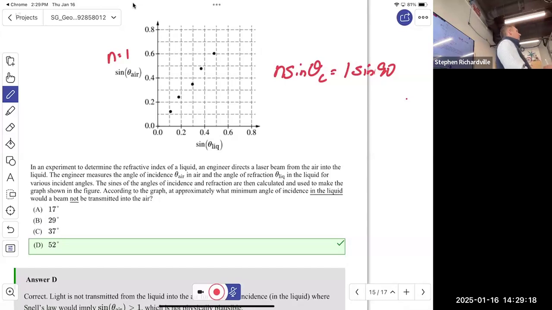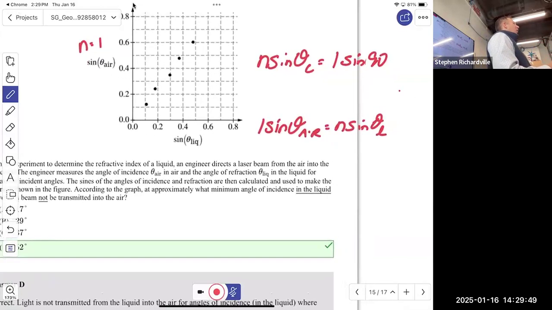Oh, the slope is, yeah. So okay, good. So the liquid would have to have an n value that's greater than 1. These are the ones where I start to try to figure out some relationships. Right now I also know that 1 sine theta air equals n sine theta liquid.